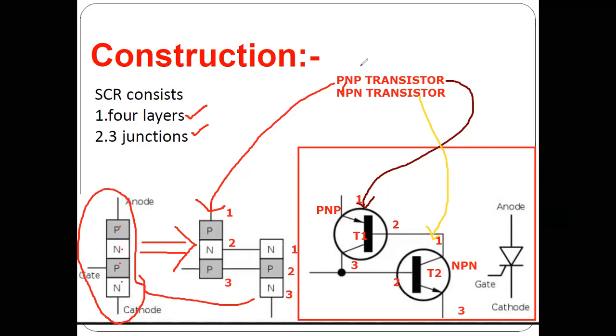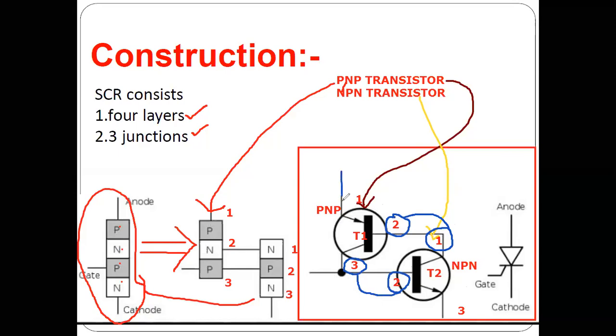You can see here that the second pin of the first transistor is connected to the first pin of the second transistor. Similarly, the third pin of the first transistor is connected to the second pin of the second transistor. And what about the remaining first and third pins?